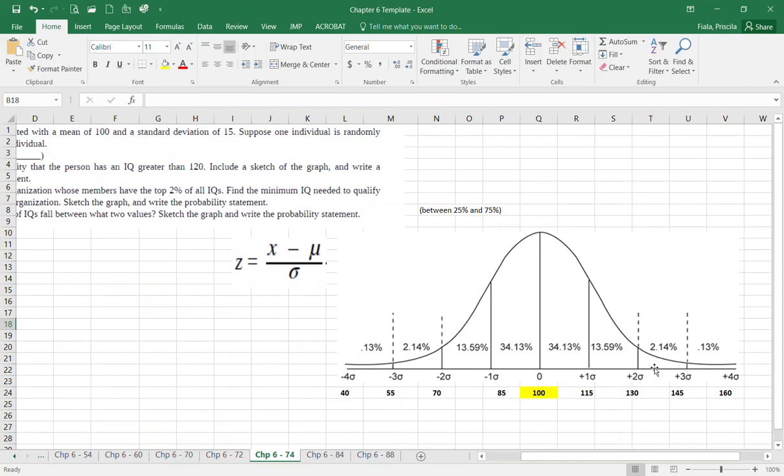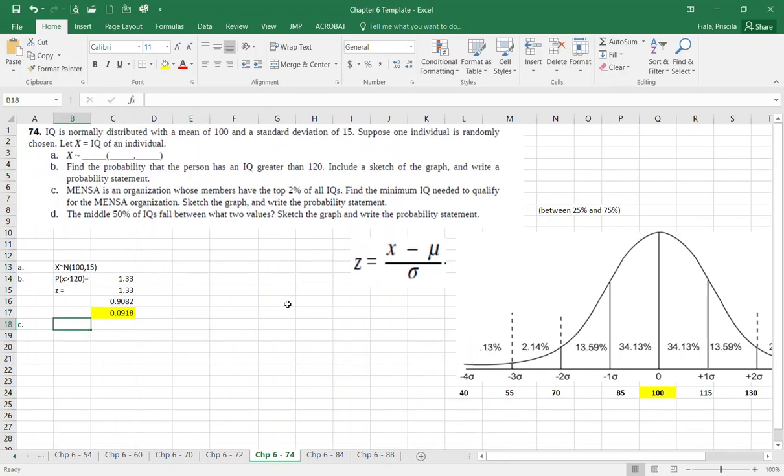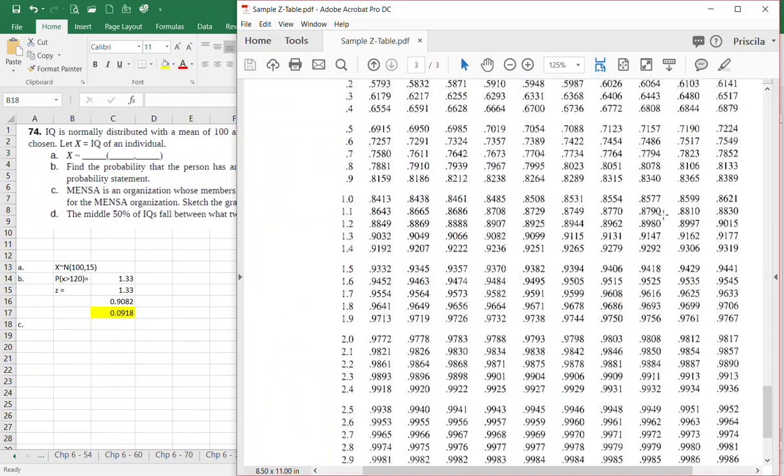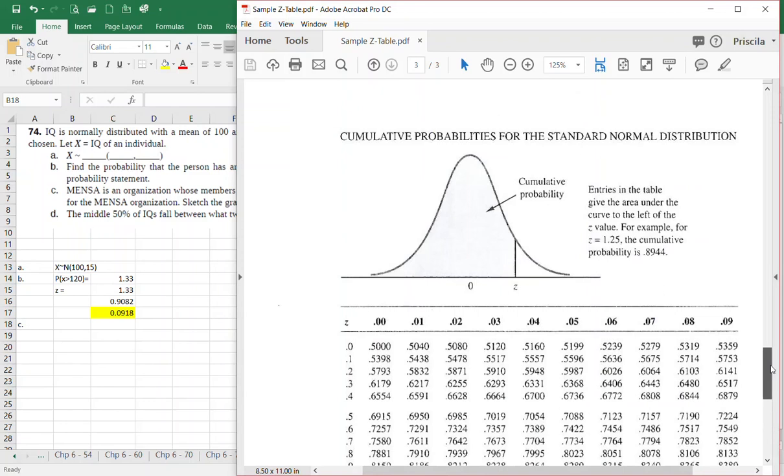So we're going to find the minimum value needed to qualify for the Mensa organization. Since we know 2% is the top, everything else is 98%. So let's find on your Z table the value close to 98%.